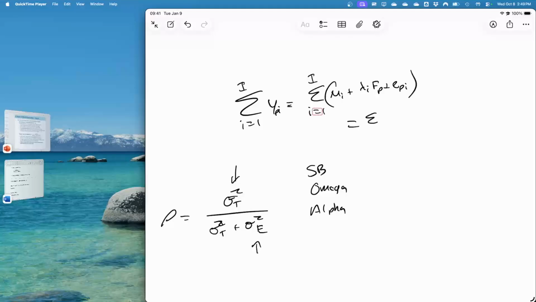We end up getting the sum of mu plus, now I'm going to take the constant out, lambda times the sum of the factor, and then we get the sum of error. Okay? Right?